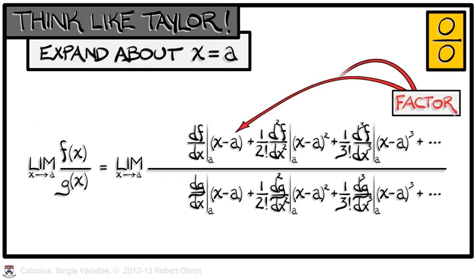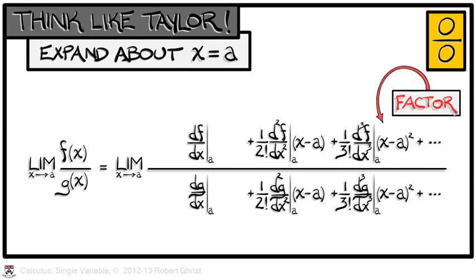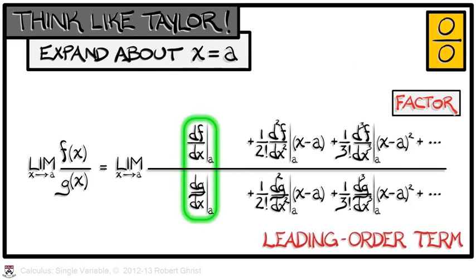What do we see? Well, we see that we can factor the quantity x minus a from all remaining terms in the Taylor expansions in both the numerator and the denominator. These cancel. And now, when we try to evaluate at x equals a, we're left with the leading order terms.